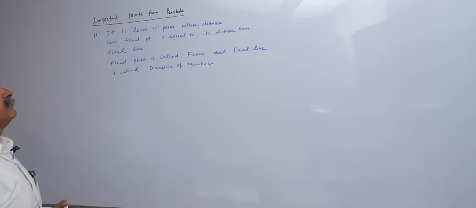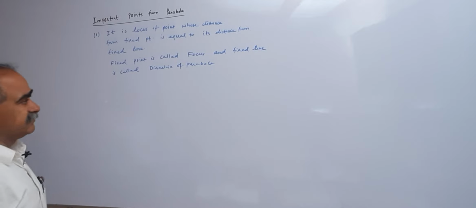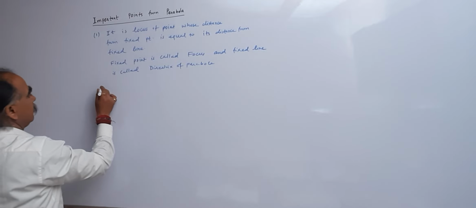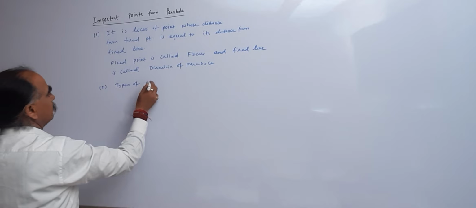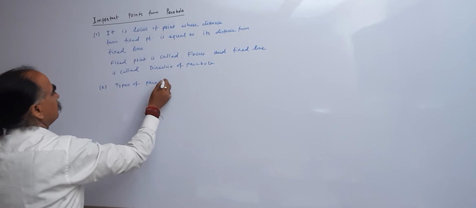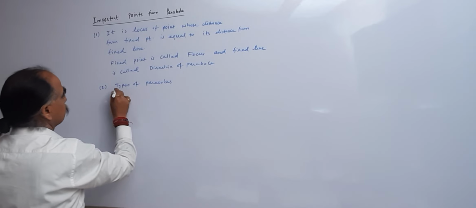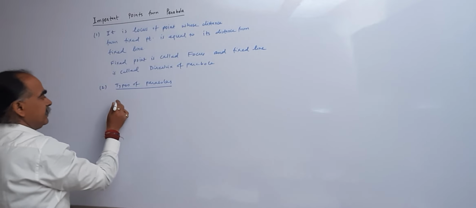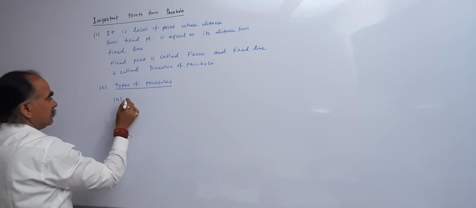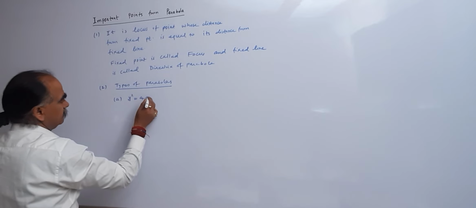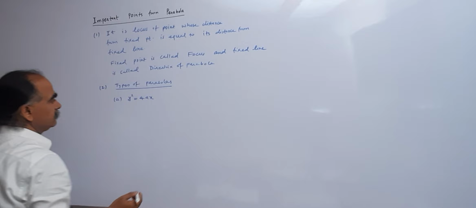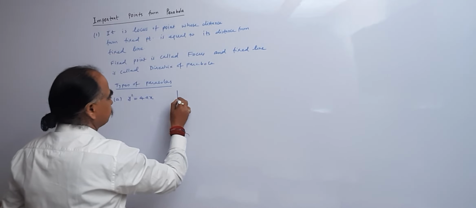Now I'll give you types of parabolas. A, y square is equal to 4ax. It is like this.